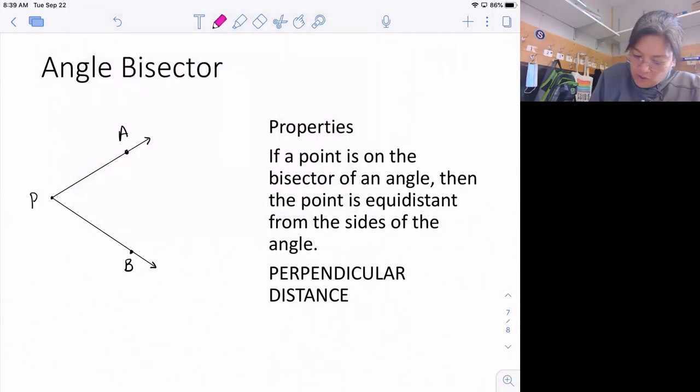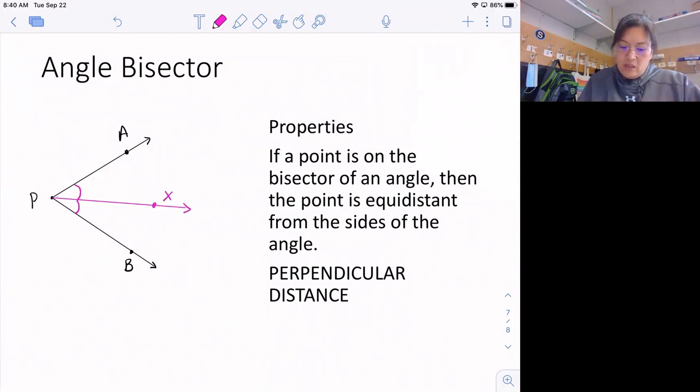So I'm going to have a ray that comes out from P and cuts this angle in half. Let's call it PX. So angle APX is congruent to angle XPB. They're congruent to each other.